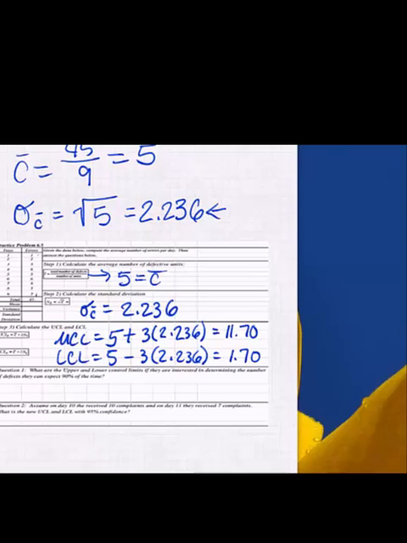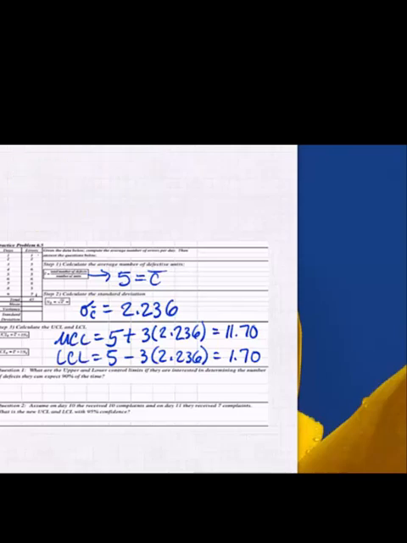So there we're going to need to modify our Z value from 3 down to 1.65 and recalculate. So I'm going to do that right up here.